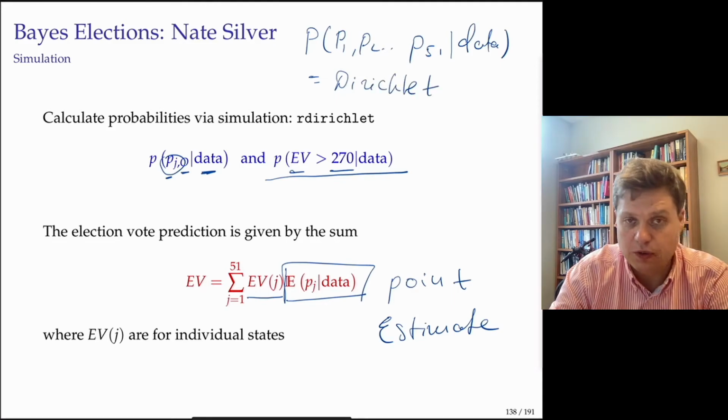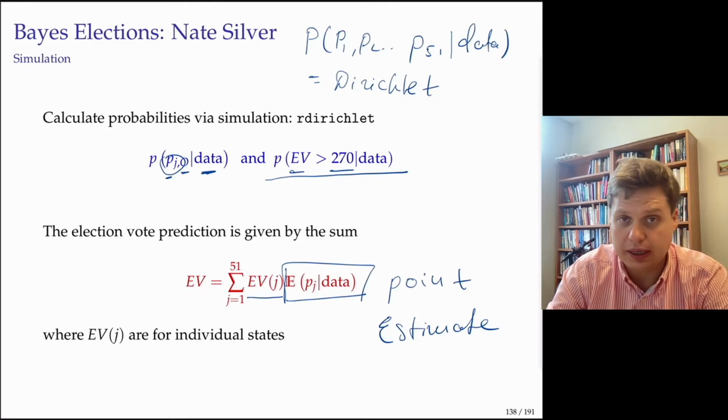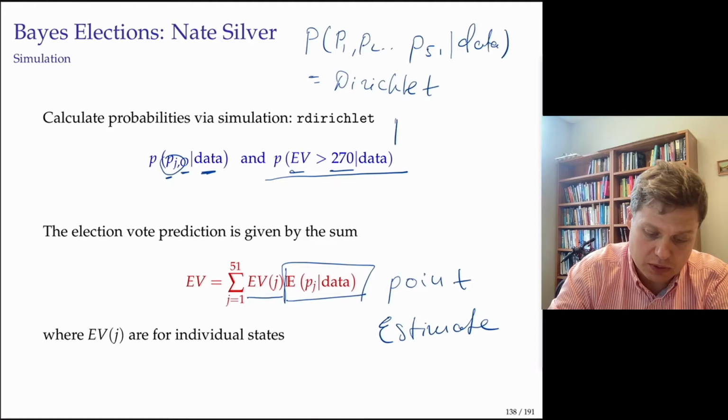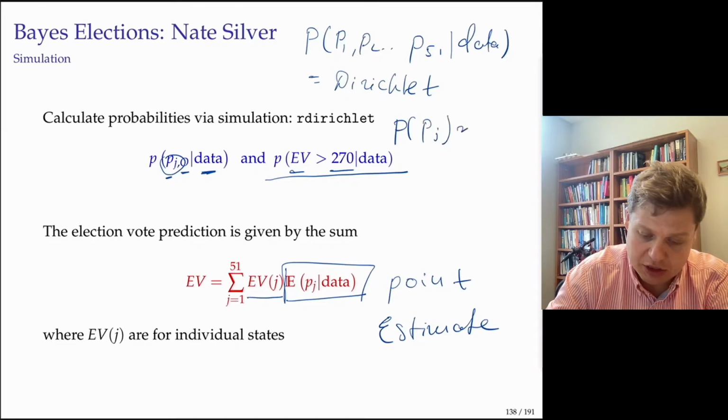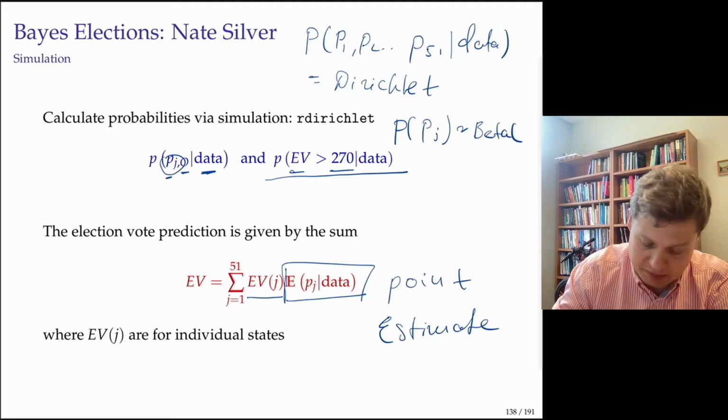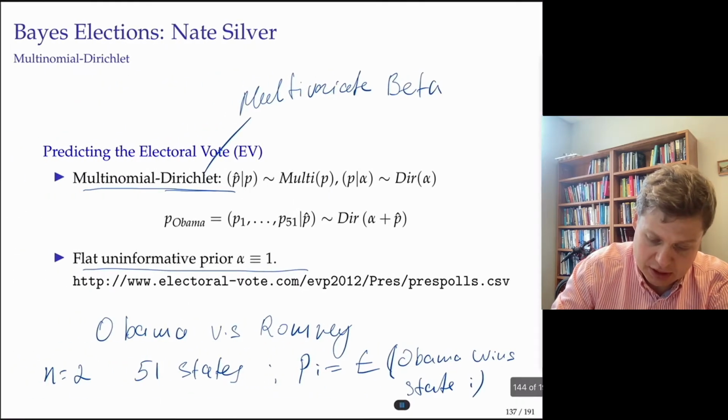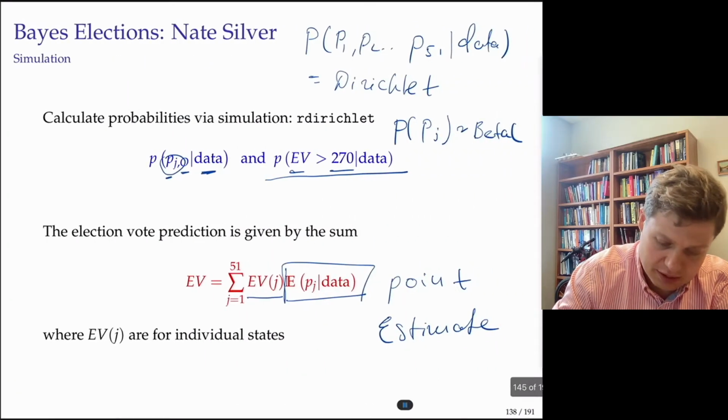And if you know the joint over values of P, you can calculate the marginal. So the distribution over each of those Pj is actually going to follow the beta distribution. And the parameters of this beta distribution are alpha plus P hat.